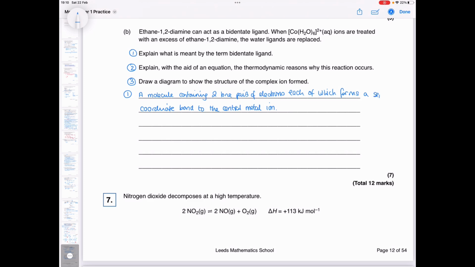It might be worth putting a separate coordinate bond to the central metal ion.